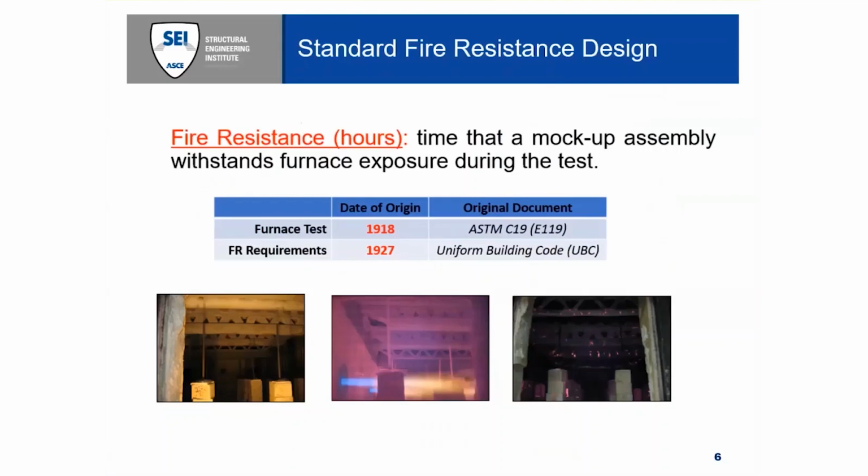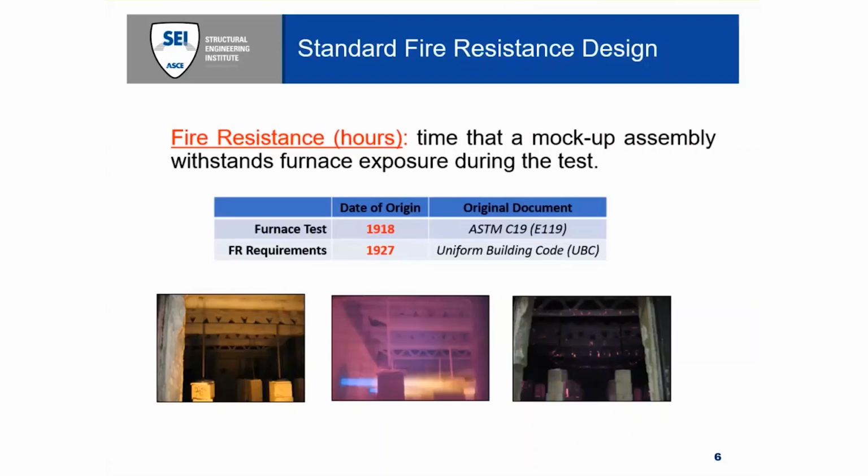The traditional method of designing structural fire protection, which you've probably had some exposure to, is termed standard fire resistance design, or more commonly known as the prescriptive method. Within standard fire resistance design, qualification of fire resistance is based solely on standard furnace testing, as shown in these pictures. And within this context, fire resistance has a very specific meaning.